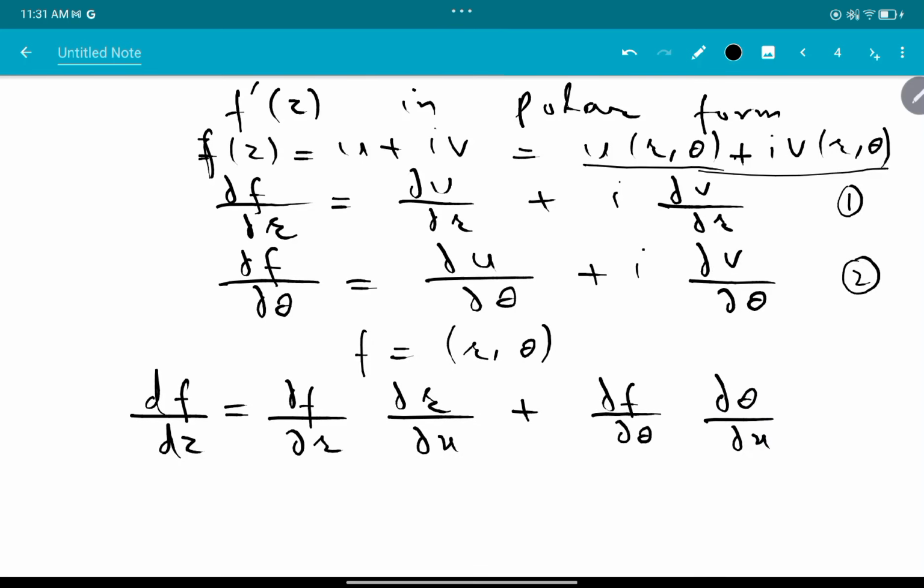Now, one important thing that I would like to explain to you is that you expect there should be del z here, but I am using del x. Why? Because I am taking partial derivative of r with respect to x. When you take partial derivative of r with respect to x, then you are keeping y constant. And when y is kept constant, a change in x is the same as change in z. So this del x is as good as this dz when y is held constant.